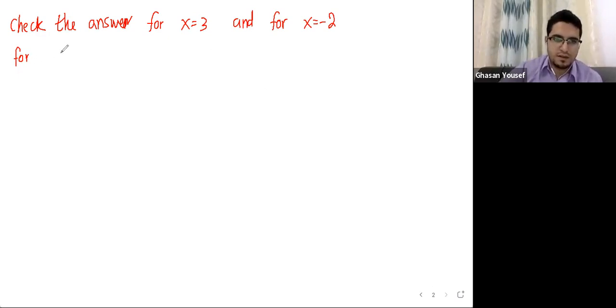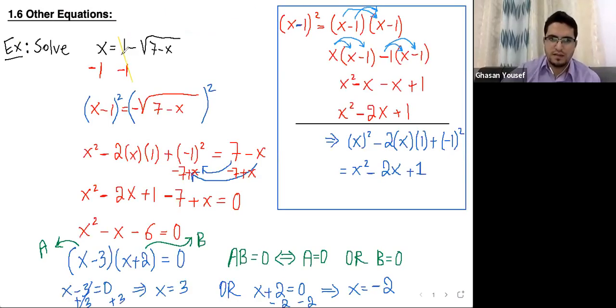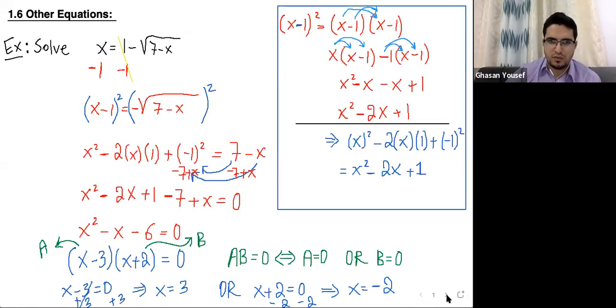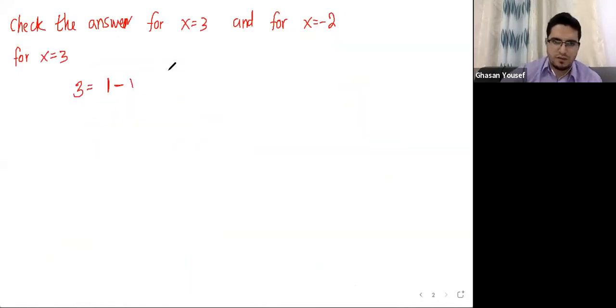So for x equal 3, I would plug the 3 inside this one, x equal 1 minus the square root of 7 minus 3. Now I have to get this side equal the same like this side.